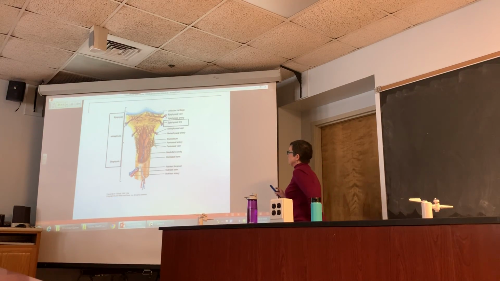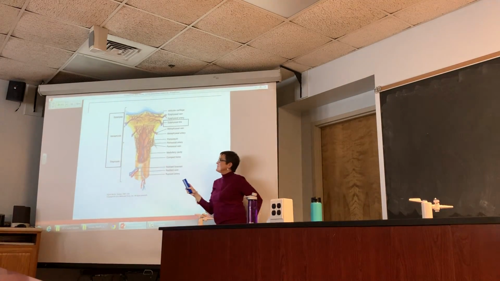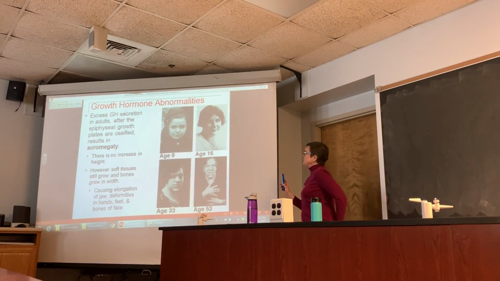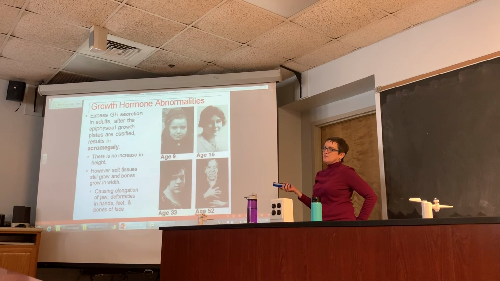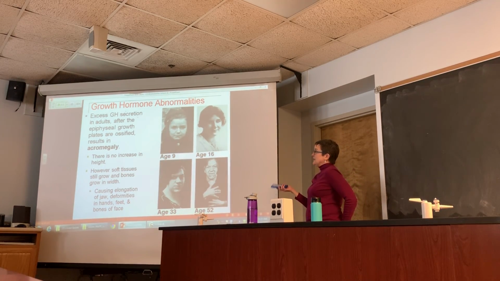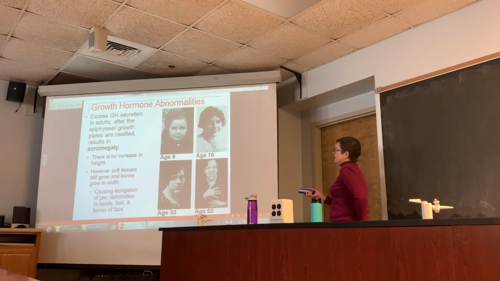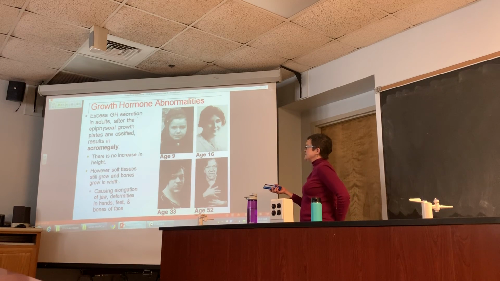Now, if the epiphyseal plate ossifies and becomes the epiphyseal line in adulthood, then you can have overproduction of human growth hormone as an adult instead of as a child, and again, this could be due to a tumor, or it could just be due to overproduction for some reason. But I think tumors are probably the more common reason, as I understand it.